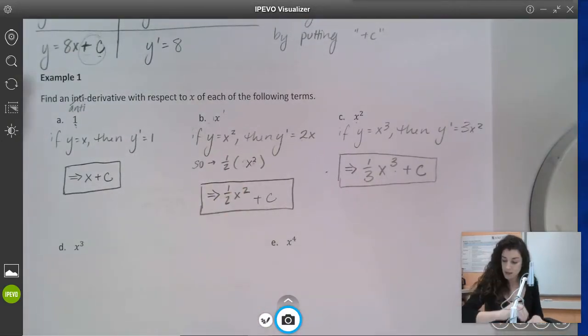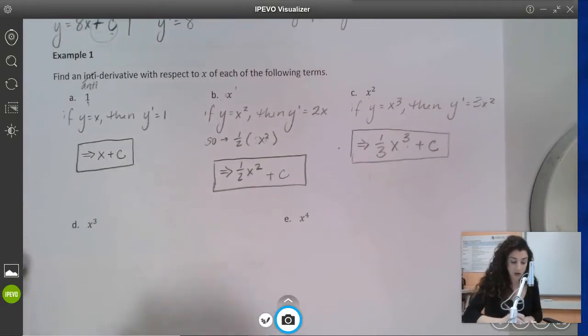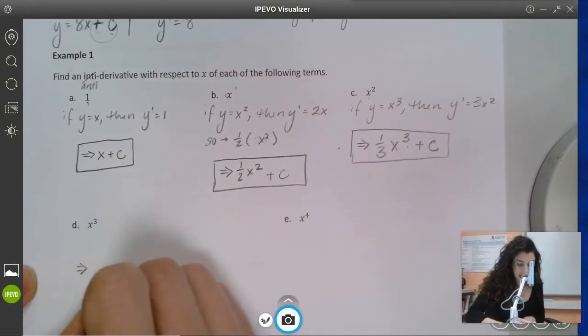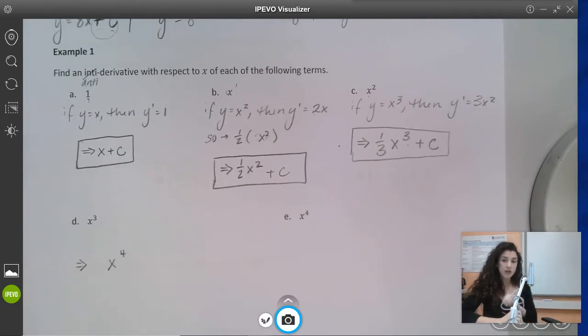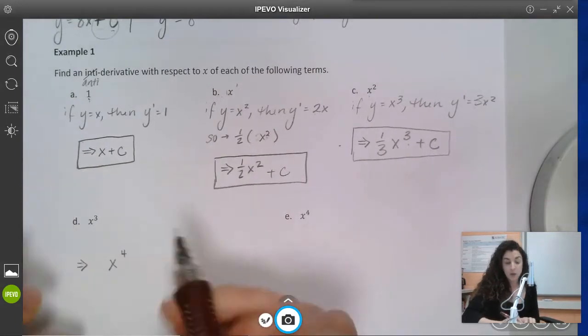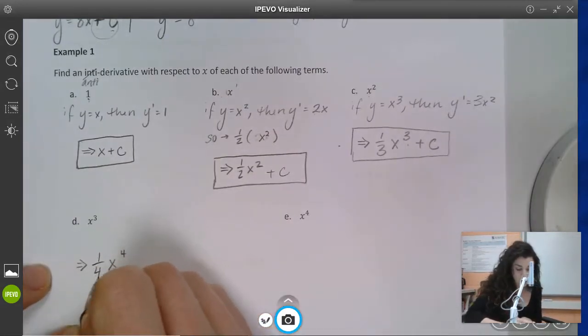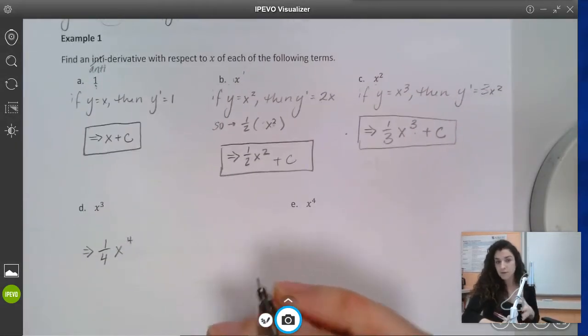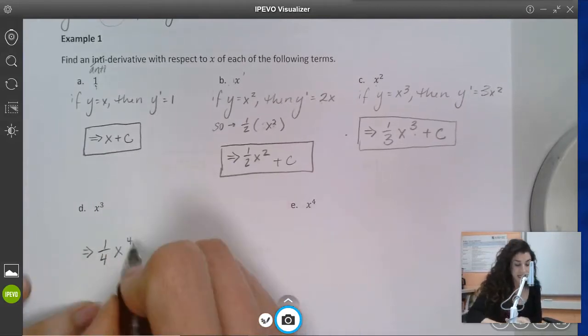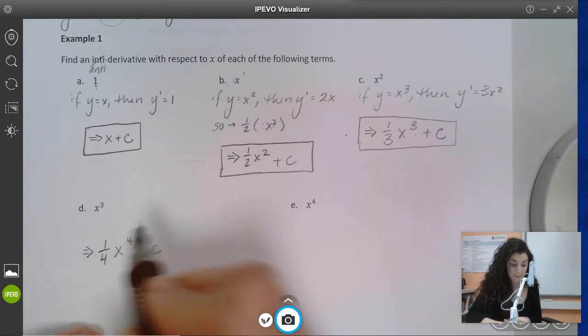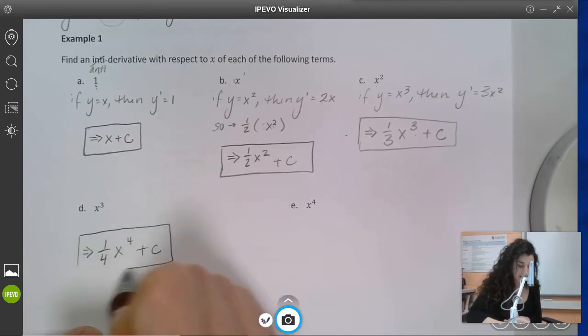So the pattern we've established is that we add 1 to the exponent, and we also multiply by 1 over our new exponent. So 1/4, or divide by 4. So we brought that up by 1 and we divided by our new exponent. And we put plus c.